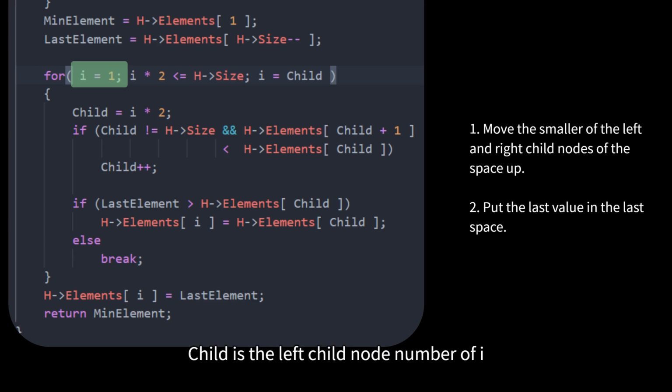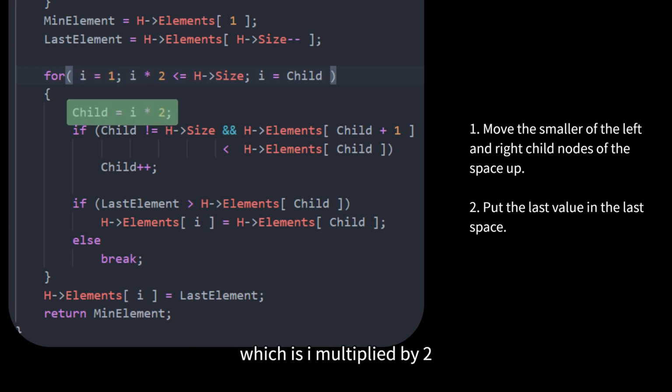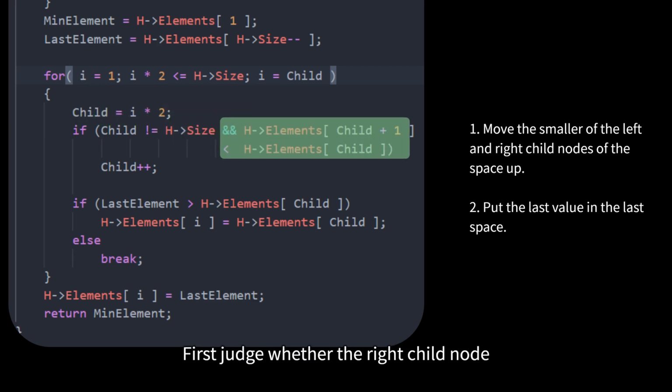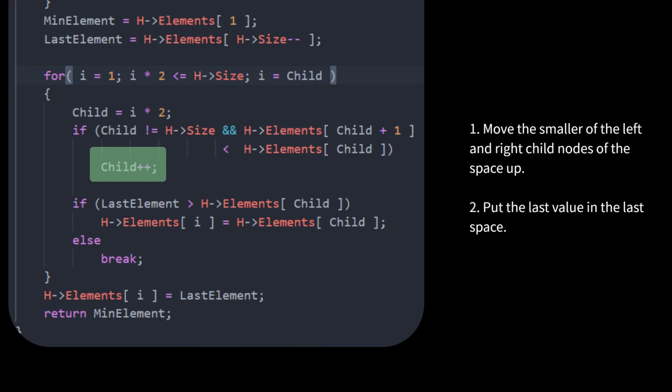Then, child is the left child node number of i, which is i multiplied by 2. First, judge whether the right child node is smaller than the left child node. If yes, change child to the number of the right child node, that is, add 1.